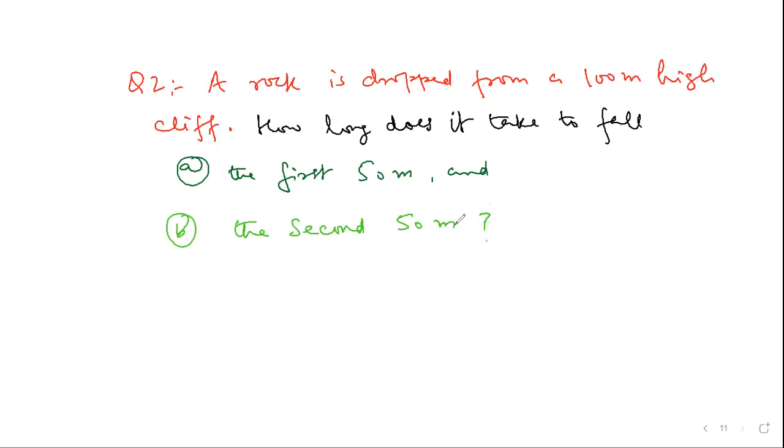Read the question. A rock is dropped from a 100-meter high cliff. How long does it take to fall? The first 50 meter and the second 50 meter.